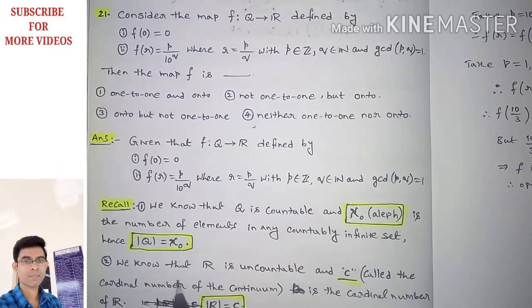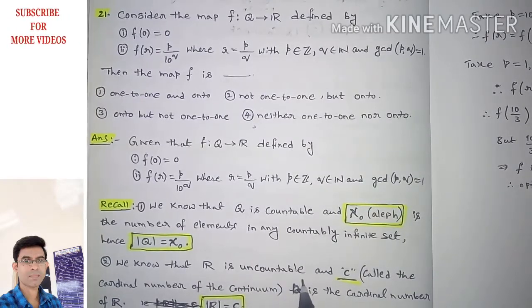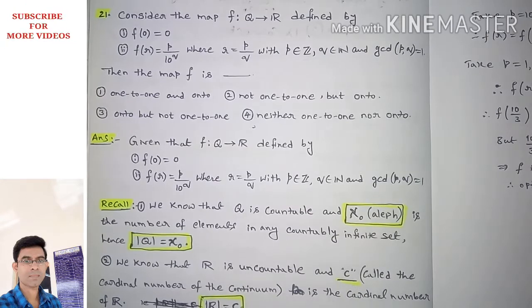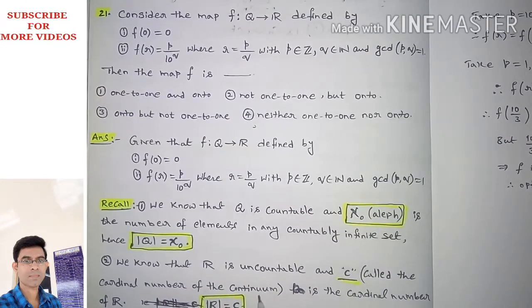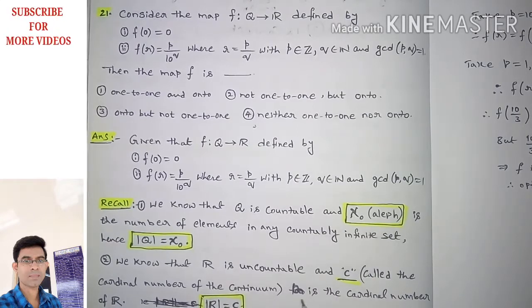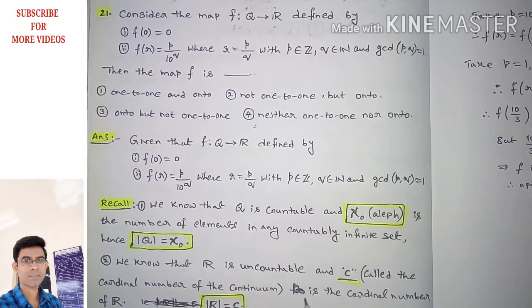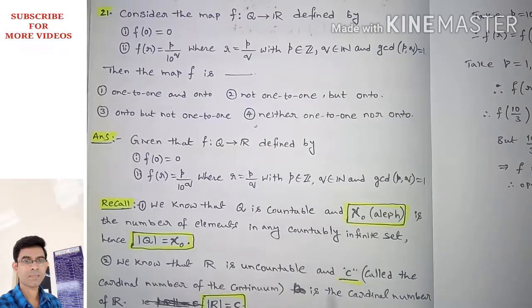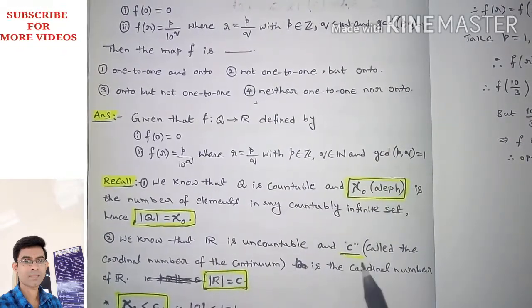And similarly we know that R is uncountable, meaning uncountably infinite, and C is called the cardinal number of the continuum. Here R is called the real continuum and C is the cardinal number of the real number system R. That is, cardinality of R is equal to C.